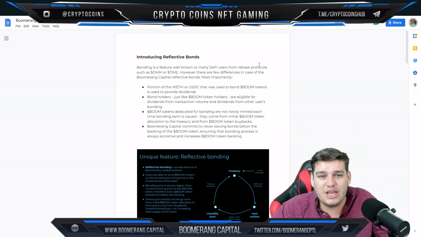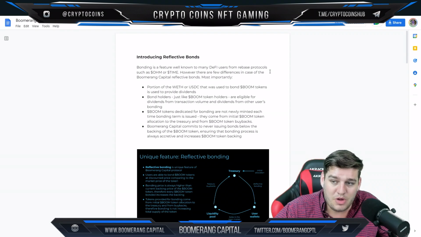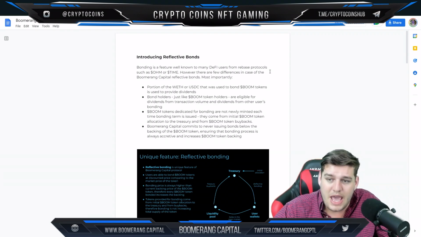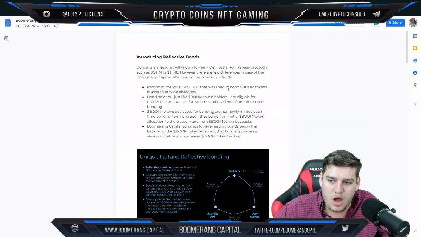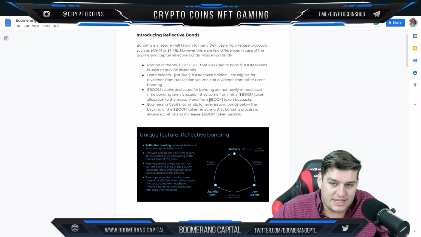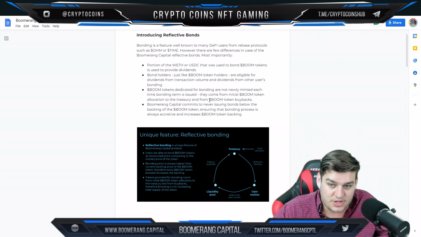Now, this is a really interesting little thing they've got about reflective bonds. And so bonding is a feature well known to many DeFi users from rebase protocols such as OHM and Time. However, there are a few differences in the case of Boomerang. Most importantly, a portion of the WETH and USDC that was used to bond Boom tokens is used to provide dividends. Bondholders, just like Boom token holders, are eligible for dividends from transaction volume.